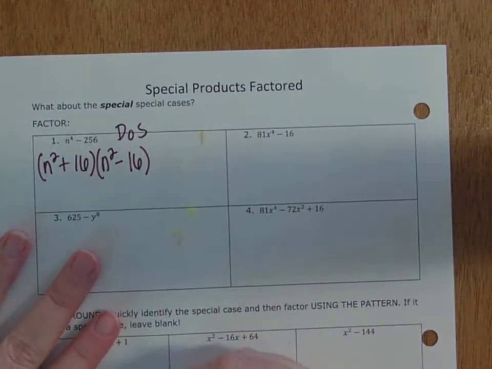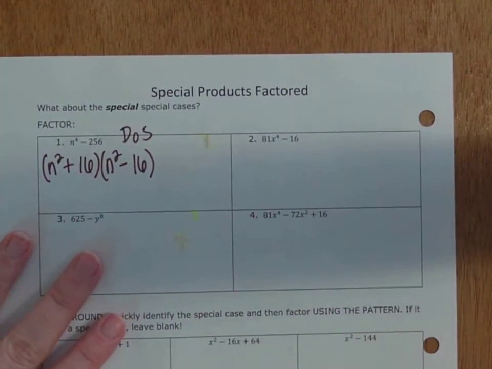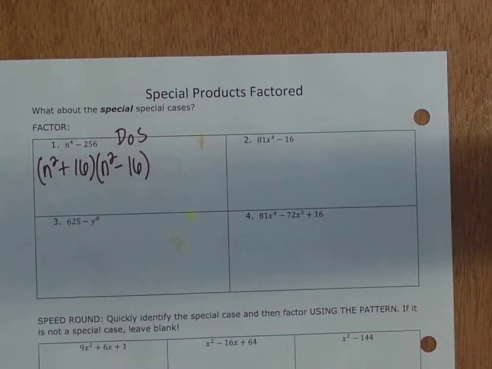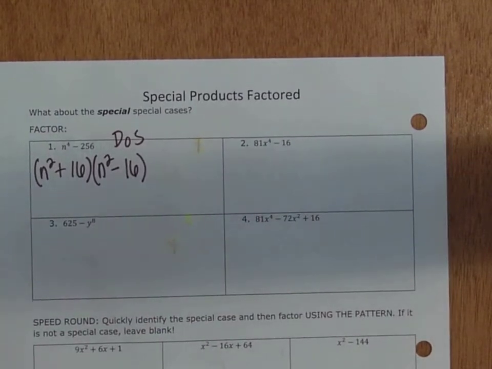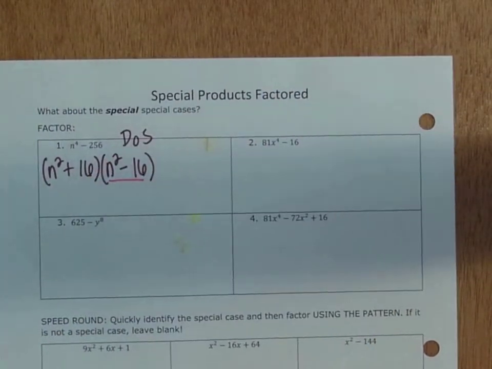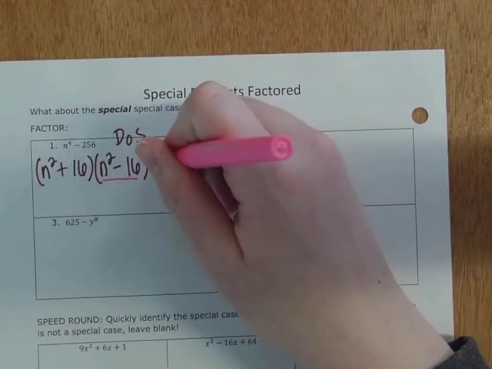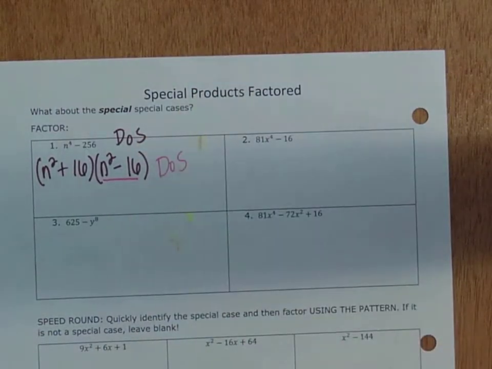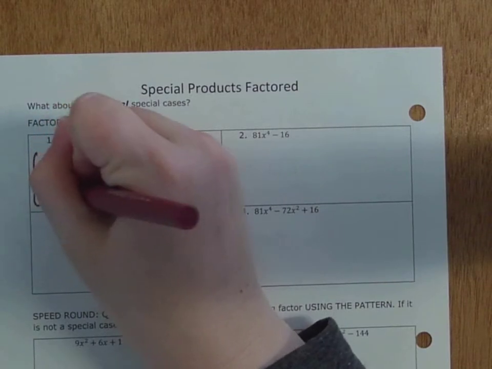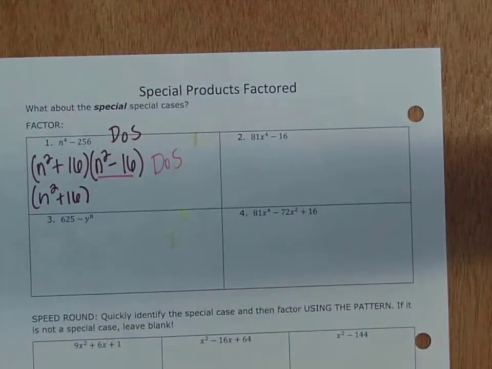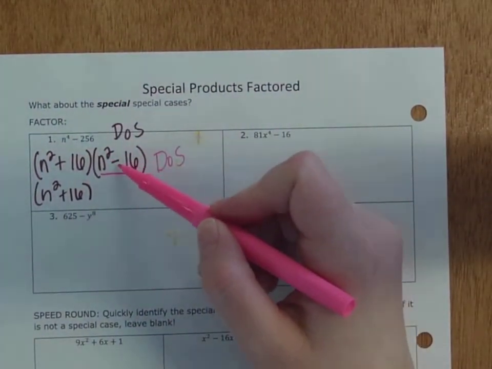All right. So what makes this a special case? We're not simplifying, we're factoring. But yes, we can factor again. What can be factored again? N squared minus 16 is a difference of squares. So though nothing will change with n squared plus 16, we can factor n squared minus 16.